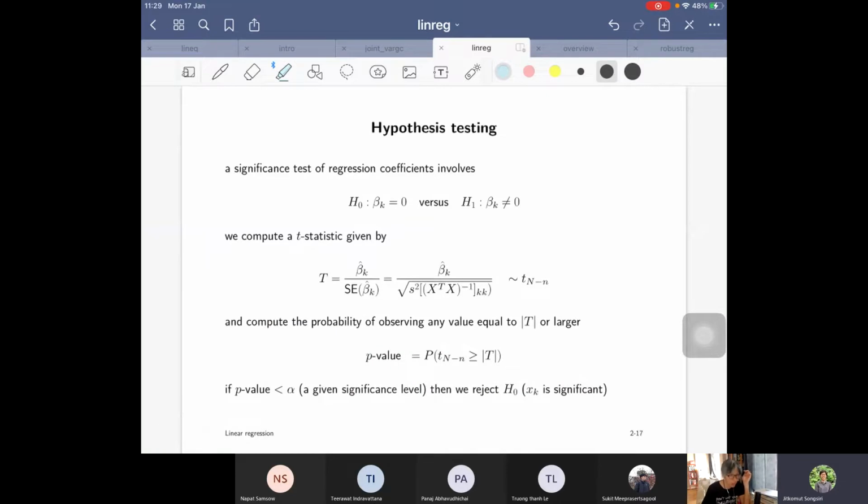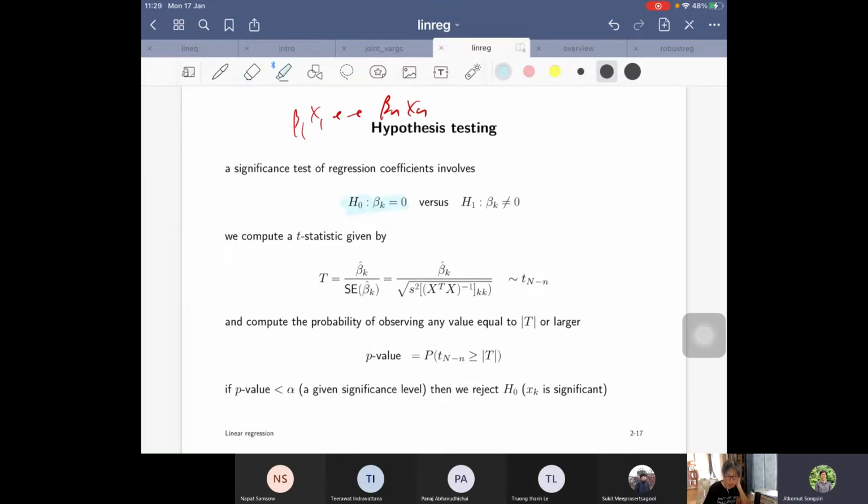In this last topic, I would like to discuss the problem of identifying significant variables. Okay, so when we have many predictors included in the regression model, one of the questions is to test whether beta k is 0 or not.